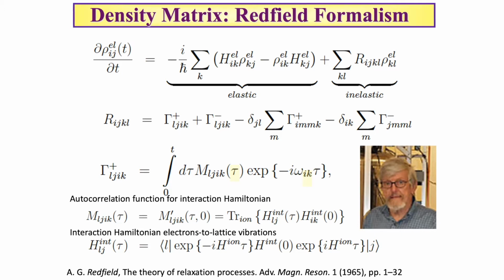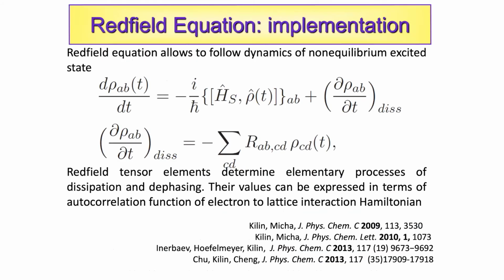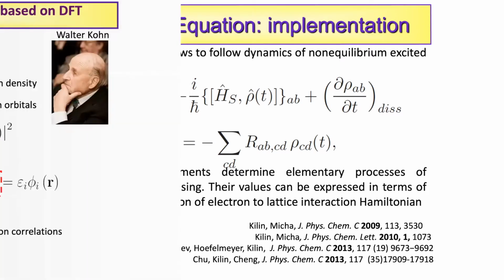So we are trying to bring this Redfield tensor, which is just an expansion of these non-adiabatic couplings, into numerical form to track the photoexcited dynamics of several models and systems.